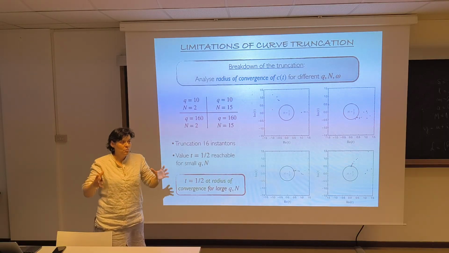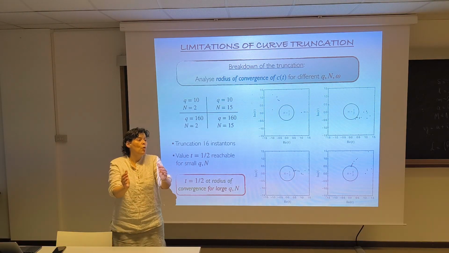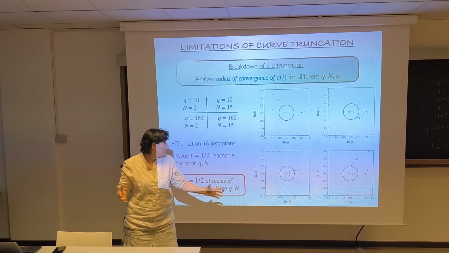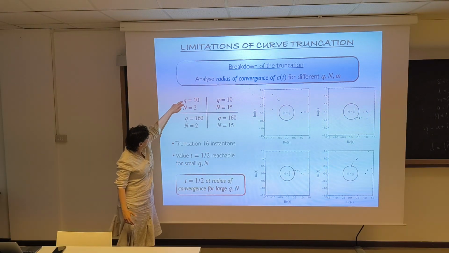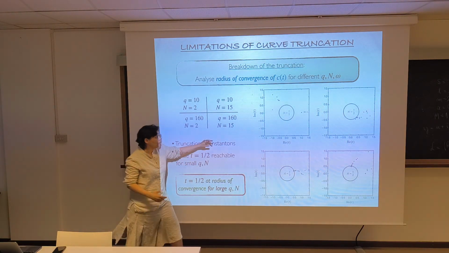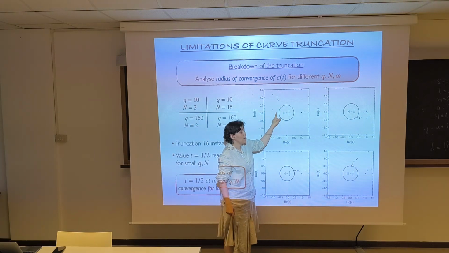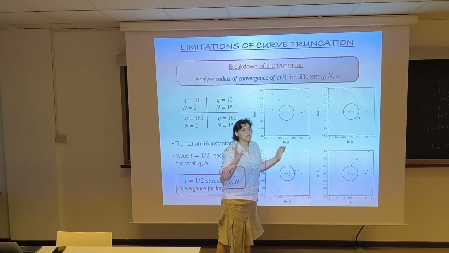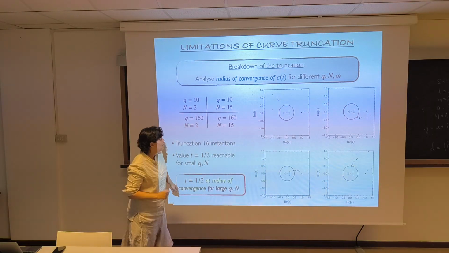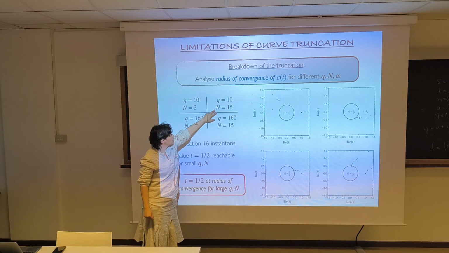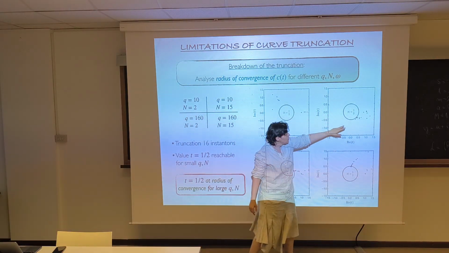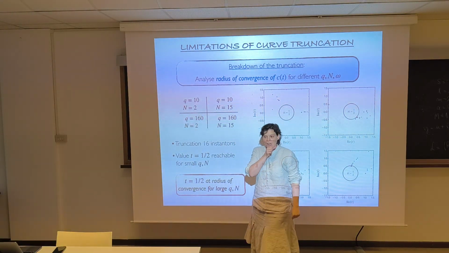I'm just doing a Padé approximant, calculating the poles, to see the nearest pole, which in principle is the radius of convergence. If I start with q and n small enough, the radius is beyond t equals a half, right? That's where I want to evaluate my function. The poles are far away, that's okay. But then for q equals 10, n equals 15, the same q but n equals 15, you see that the poles start accumulating at t equals a half.